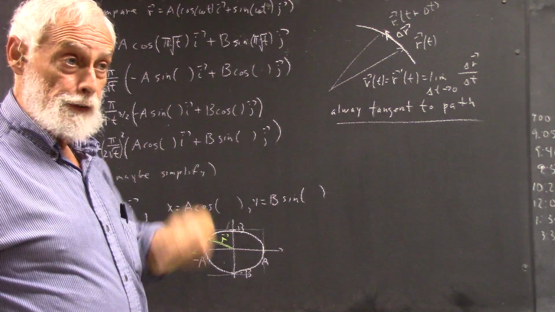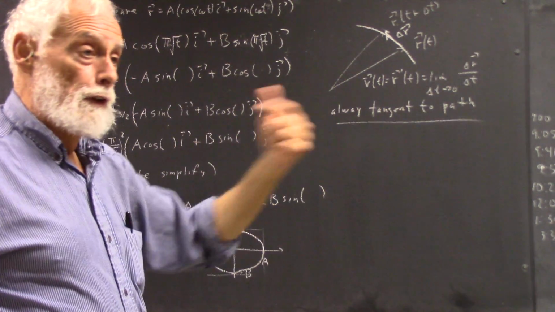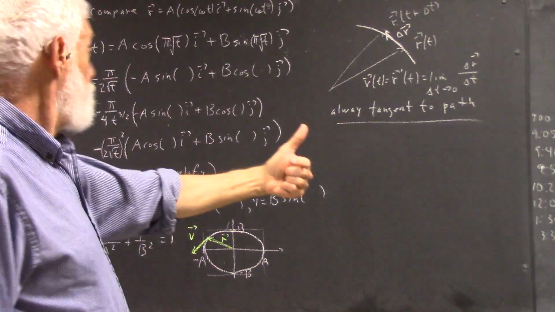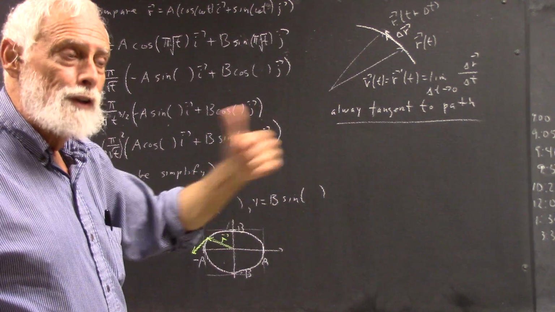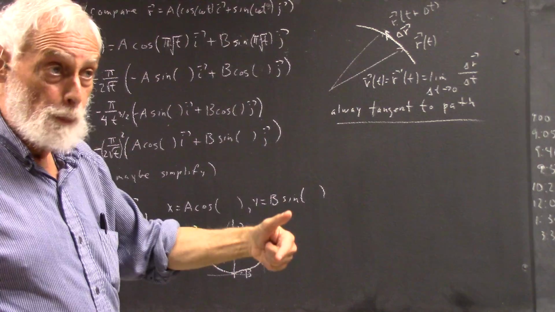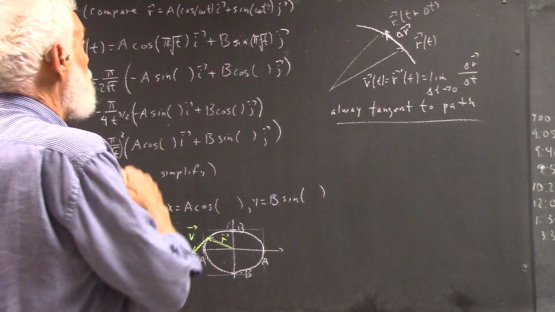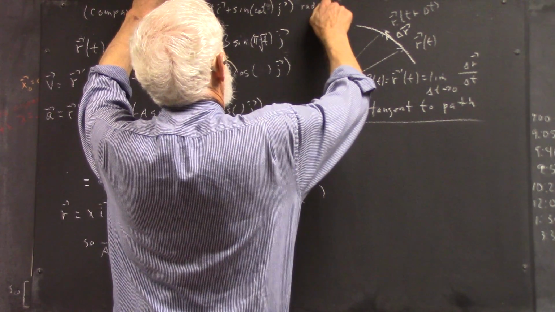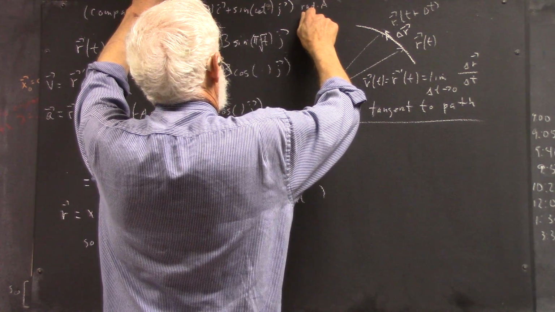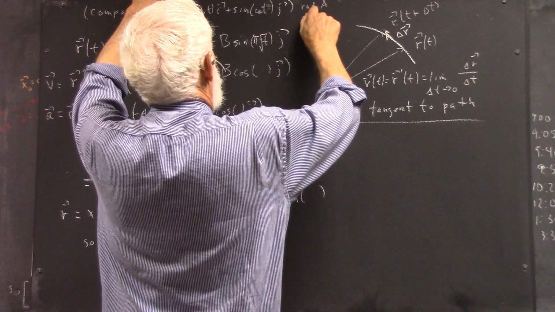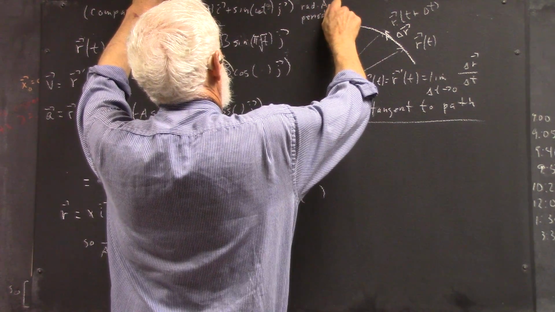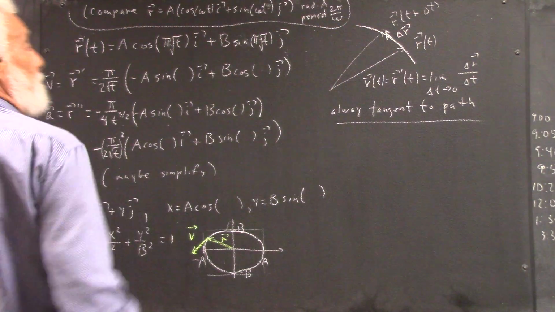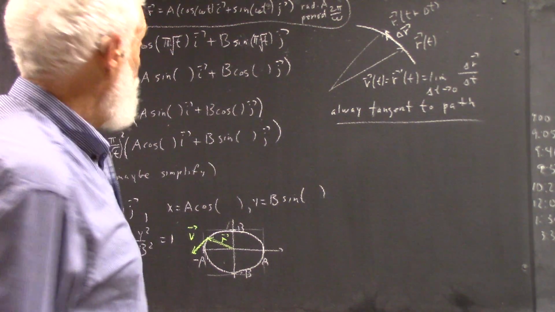You're on a circle of radius a, moving with an angular frequency omega, meaning that you move around the circle every time omega t changes by 2 pi. t has to therefore change by 2 pi over omega, right? So this had radius a, period 2 pi over omega. Okay? Now what changes here?